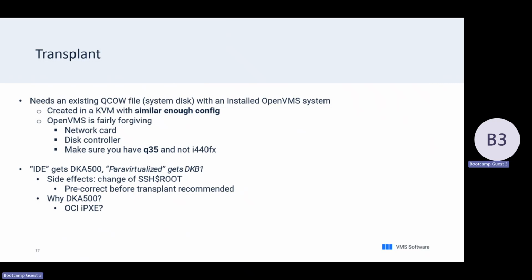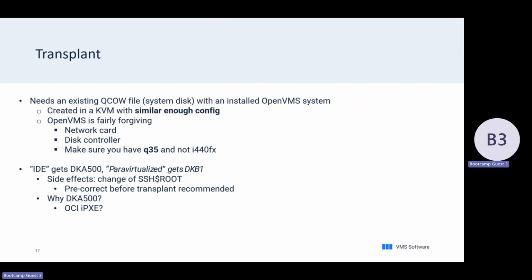One thing, originally, we could only mount the system disk as IDE, which gets translated to SATA for some reason. And your first disk will be DK500. Now, normally, this is not an issue. But if you already have an instance installed and your first system disk, I mean, the system disk itself is DK100, then your SSH root will be incorrect.